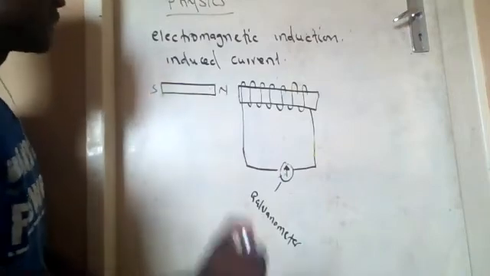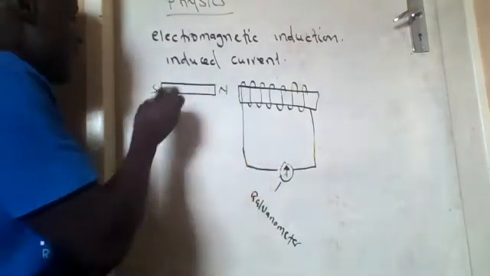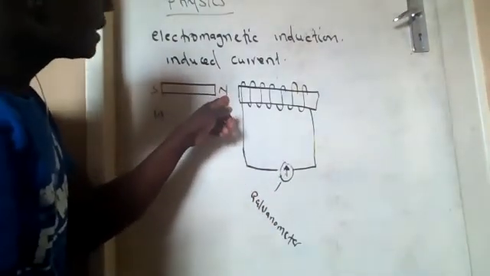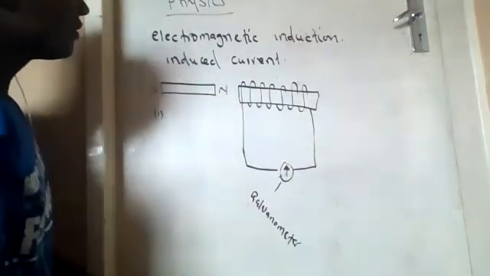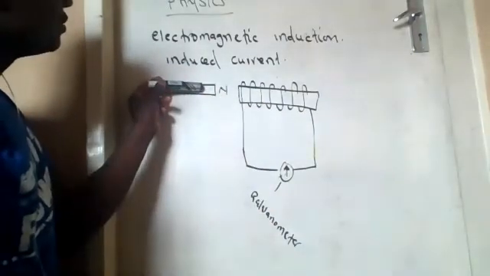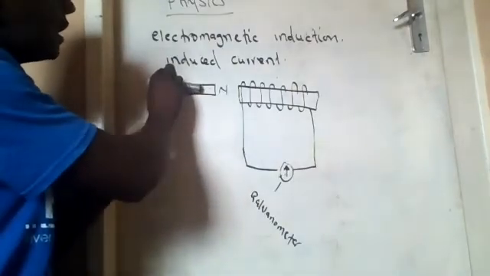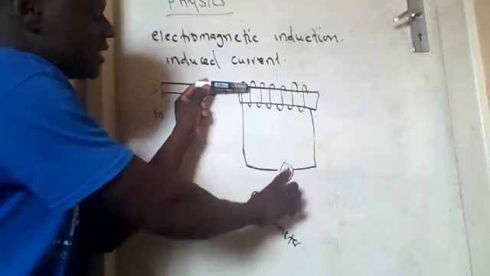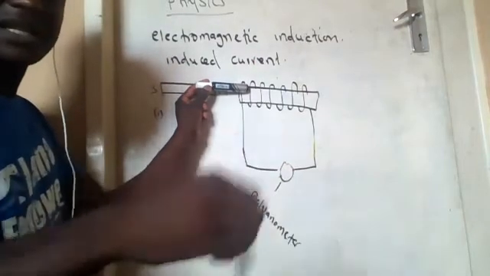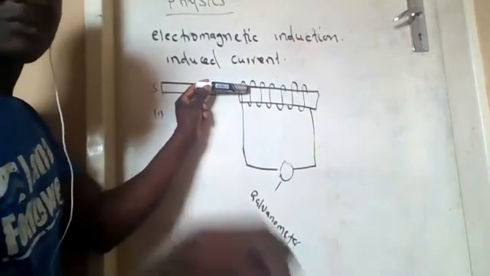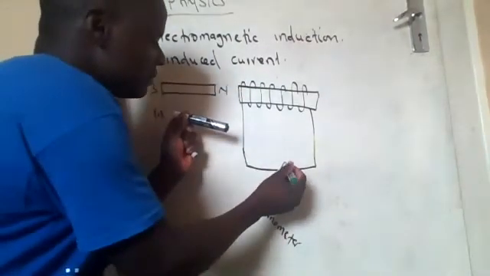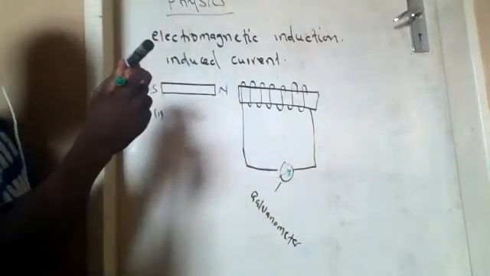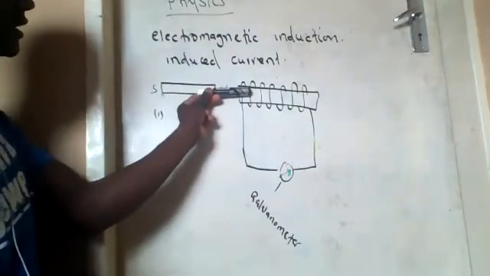So the first scenario is the moment you put the north pole of the magnet halfway inside of the solenoid. We are going to see that this pointer will deflect. Instead of it being that way, it is going to deflect in that direction.